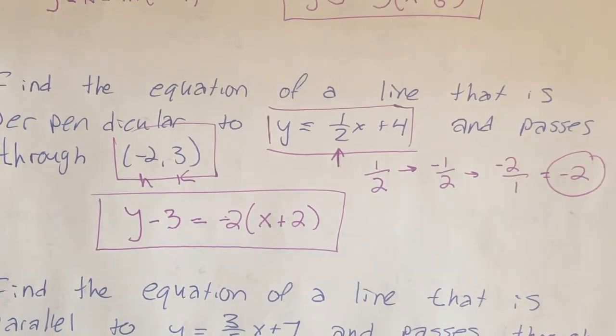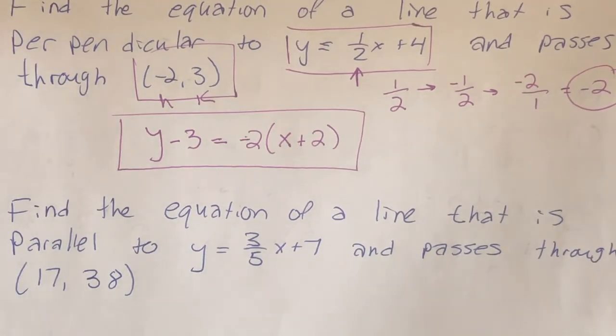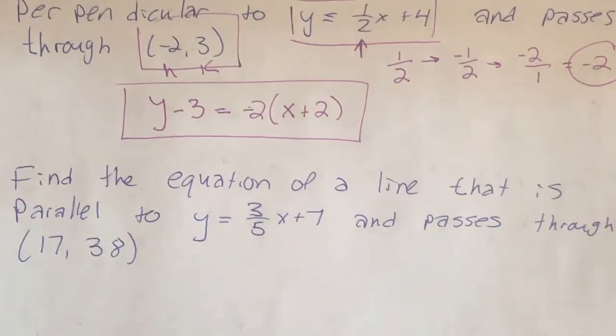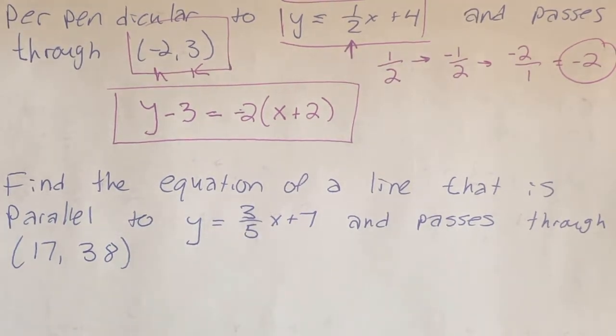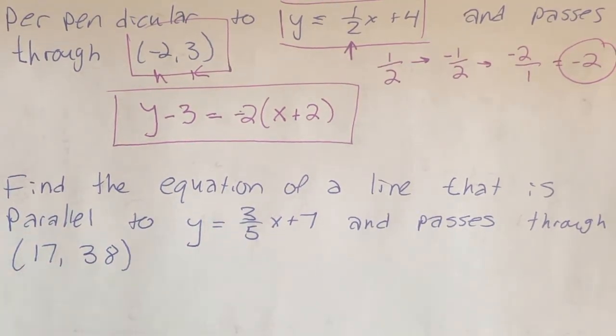Again, take a second, rewind if you need it. I'm going to ask you to try this one. Find the equation of a line that is parallel to y equals 3/5 x plus 7 and passes through (17, 38). Pause the video and try to figure it out, and then I'll show you how to solve.